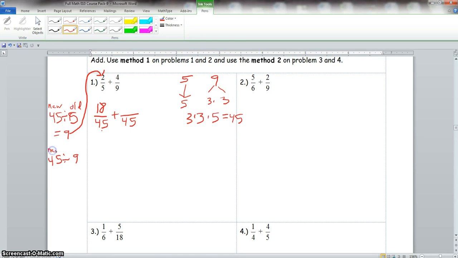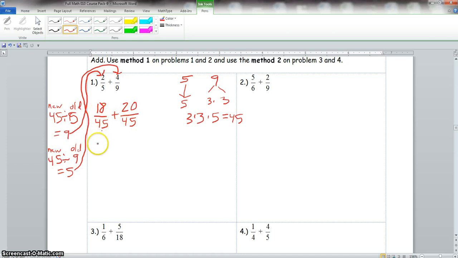So this is the new and this is the old. 45 divided by 9, we know is 5. So we would take this 5 here and we will multiply it by this 4 here. 5 times 4 gives us 20.